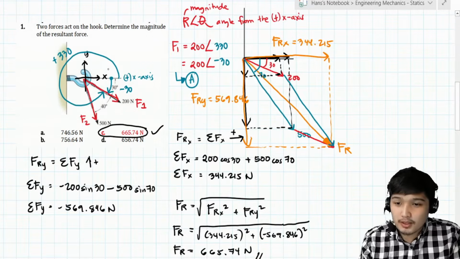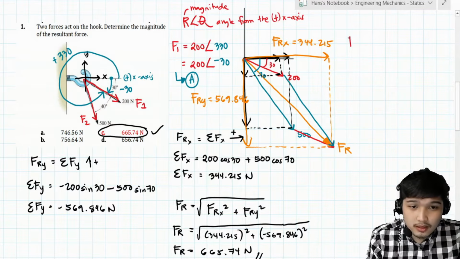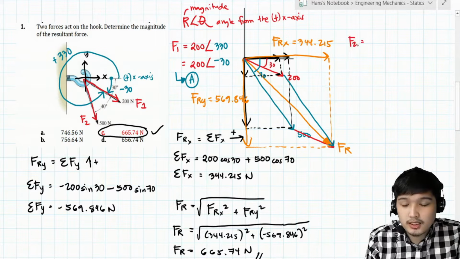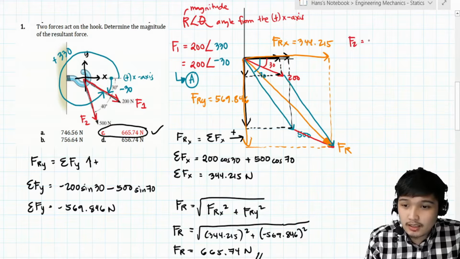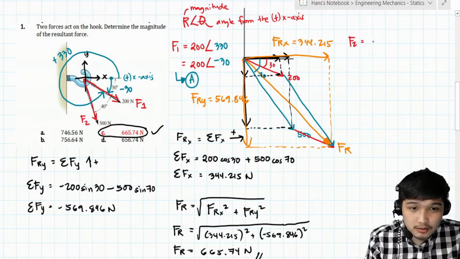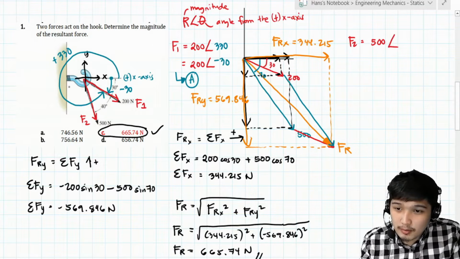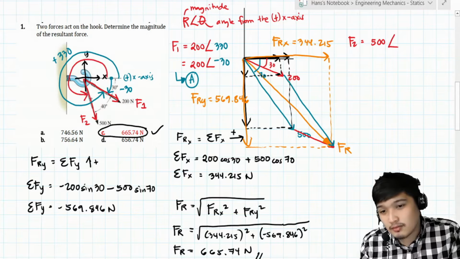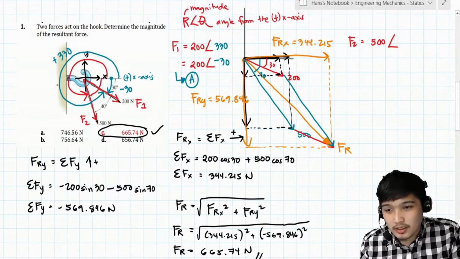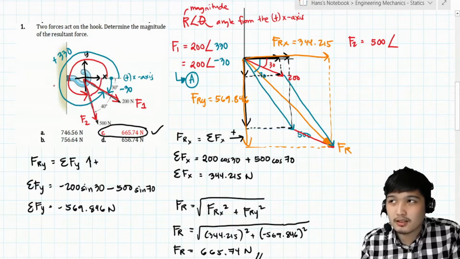Now, for F2 naman, paano susulat yung F2? F2 equals R angle theta. R is the magnitude, 500 angle. Paano naman yung angle niya? Papunta dito, kung positive, di ba ito 70 to class? 360 minus 70, 290.